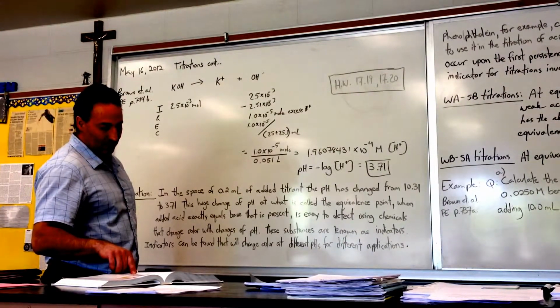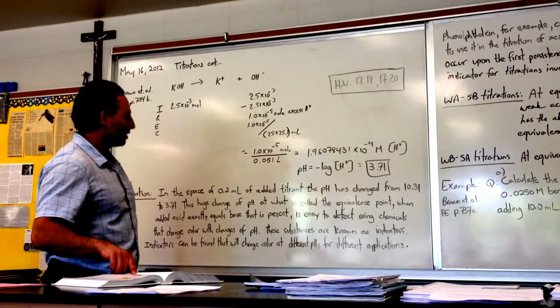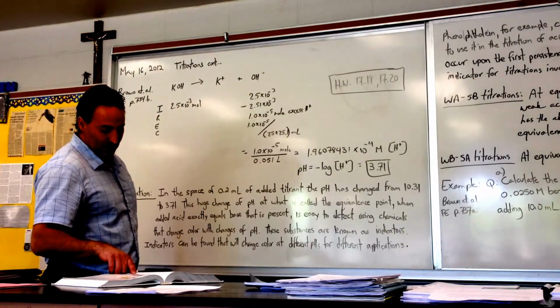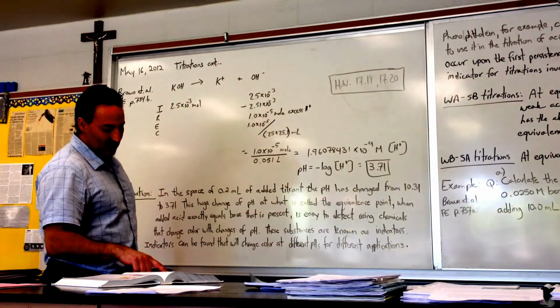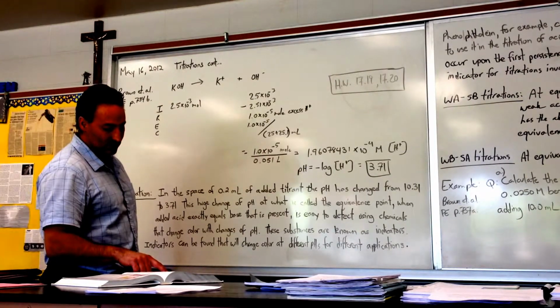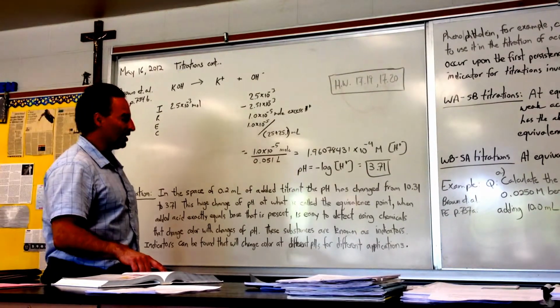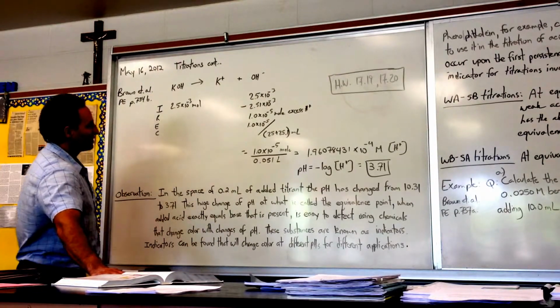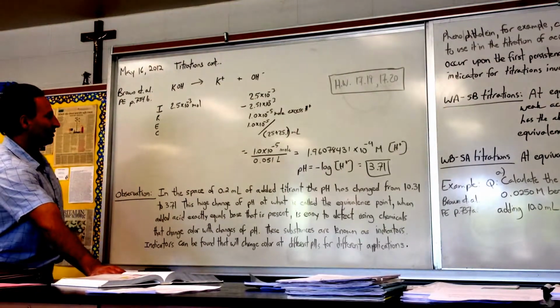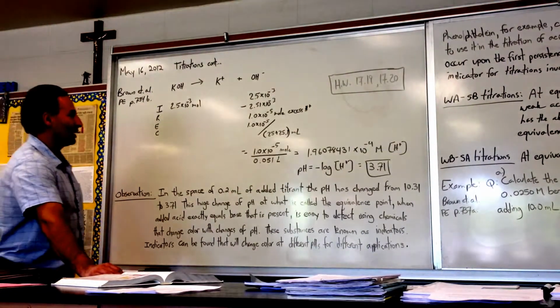So it's a strong acid and a strong base being mixed. Part B of the question asks what happens when you add 25.1 mLs to the base. So there's a slight excess of the strong acid.